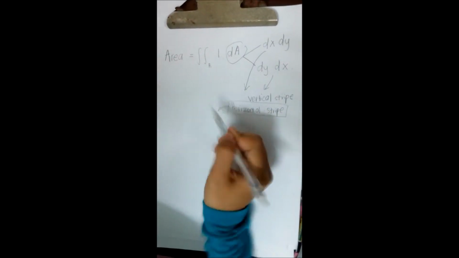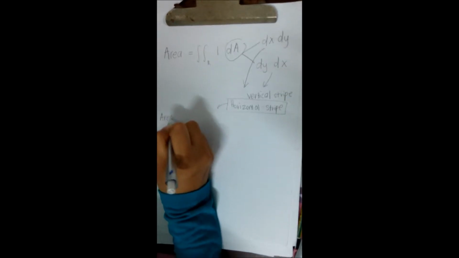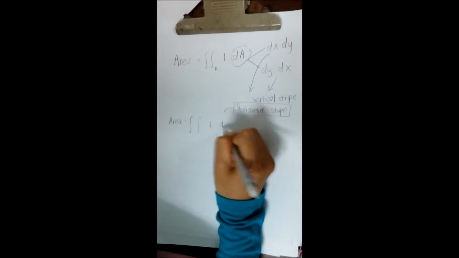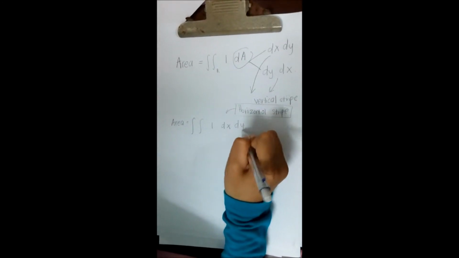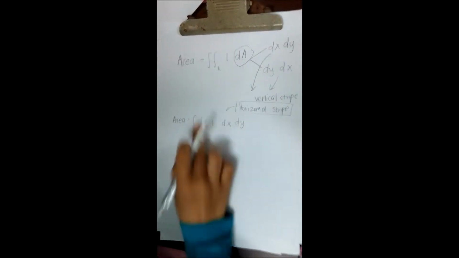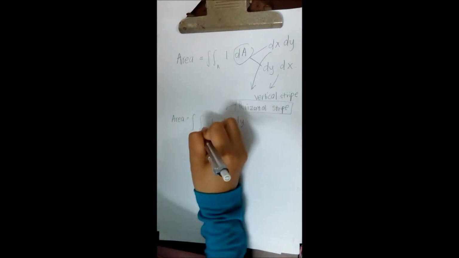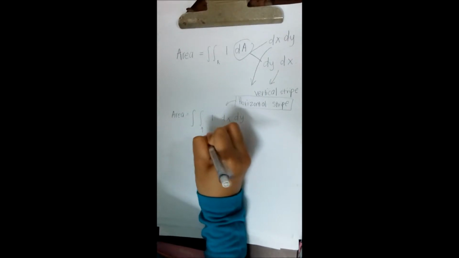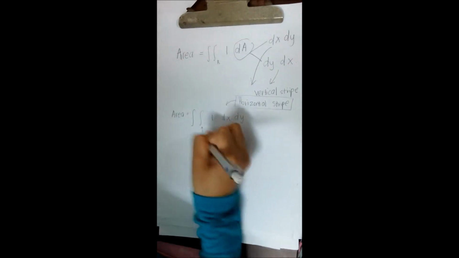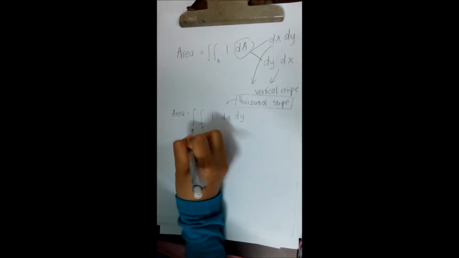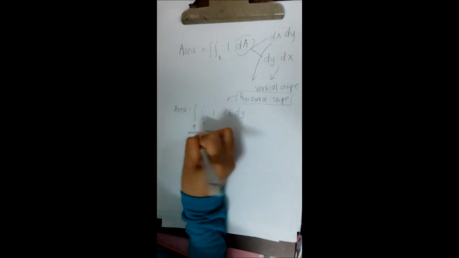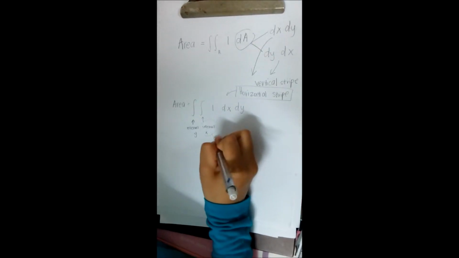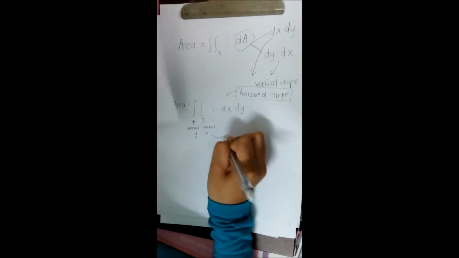To find the area with the horizontal stripe, it will be this formula. Since the x is in here, this will be our x interval, and here will be the y interval. The x interval will be the functions of the graph.